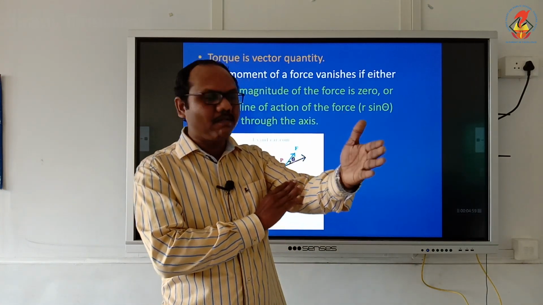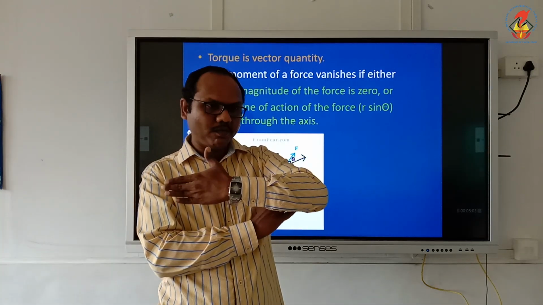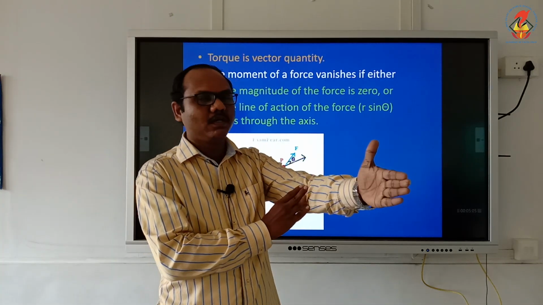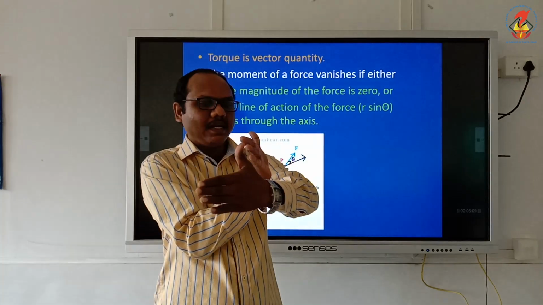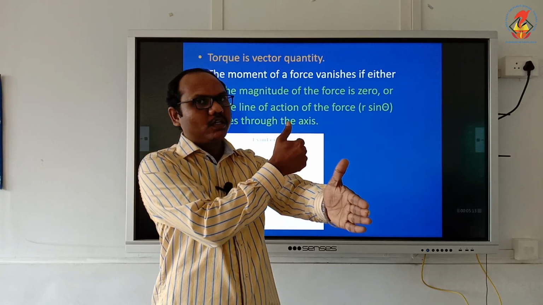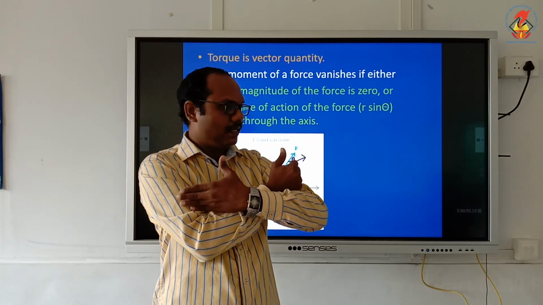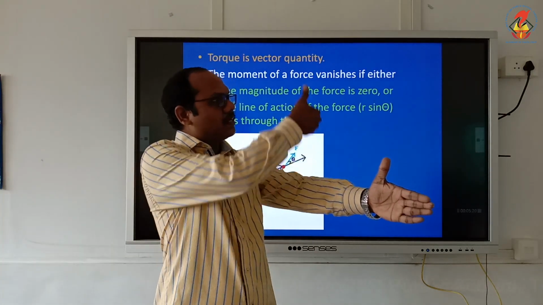Now look at the previous example that I told. This is the door. Suppose the door is moving from here to here. I take my right hand, curve it like this, and my thumb is upward. So as the door moves in this direction, torque is upward.